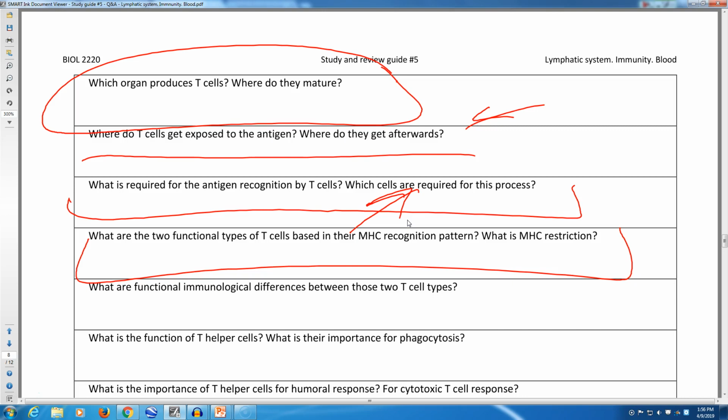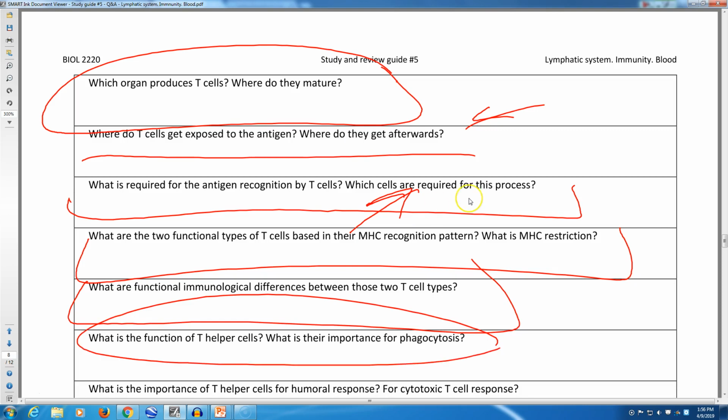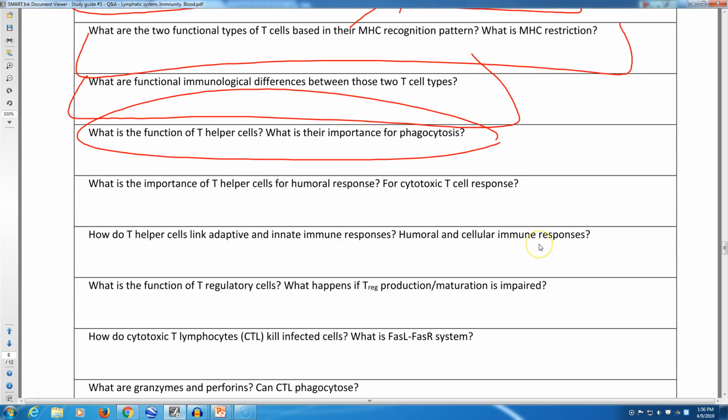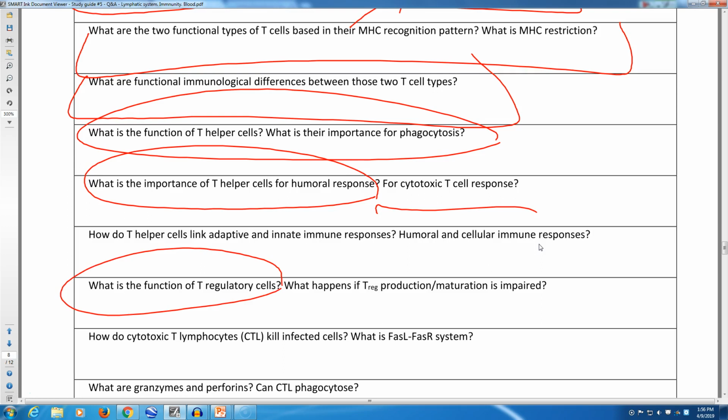And immunological differences: CD4 cells, or helper cells, stimulate phagocytic activity of macrophages, stimulate the differentiation and proliferation of B cells, so they activate B cells, and they help to activate cytotoxic lymphocytes. Okay? T regulatory cells dampen the immune response, and if Treg production is impaired, you have autoimmune diseases on your hands.